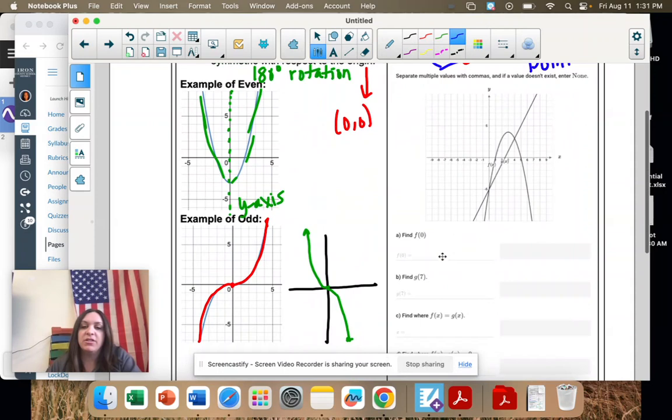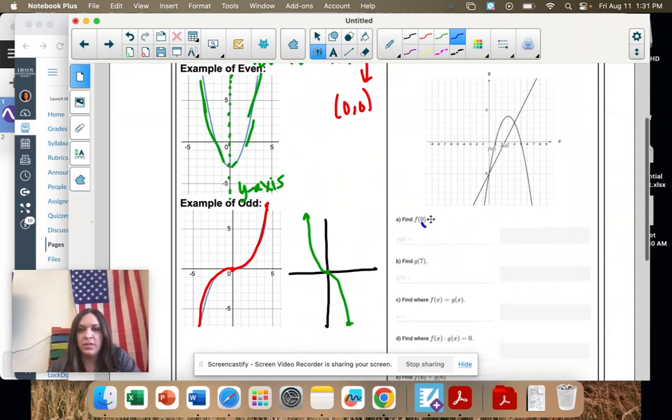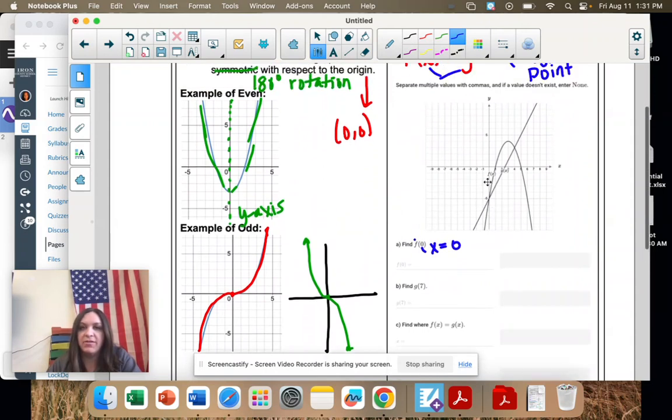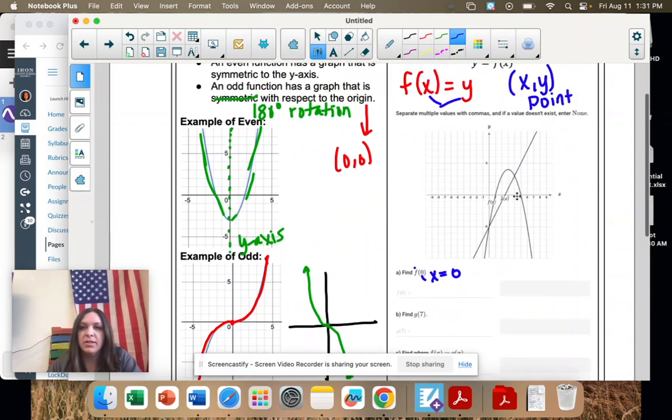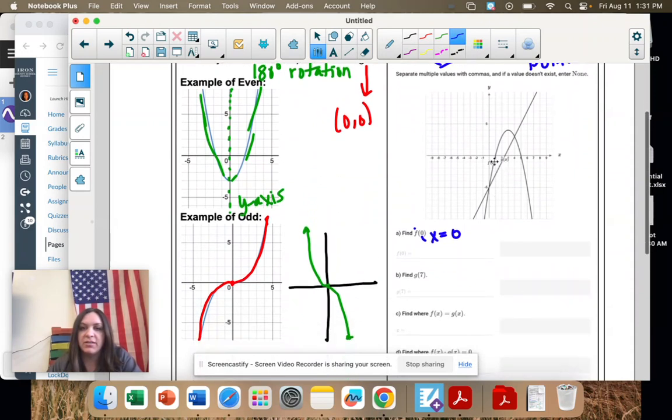So f of 0, you want to go to x equals 0 on the f of x graph. So the f of x is the parabola and g of x is the line. So if I go to x equals 0, that's the y-axis, there's a point here on both graphs actually, the 0, -5.